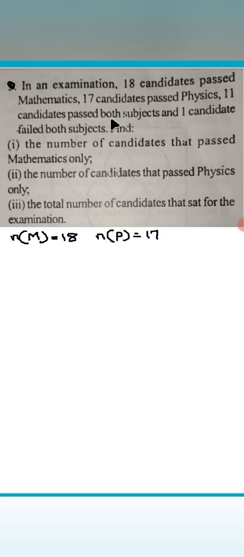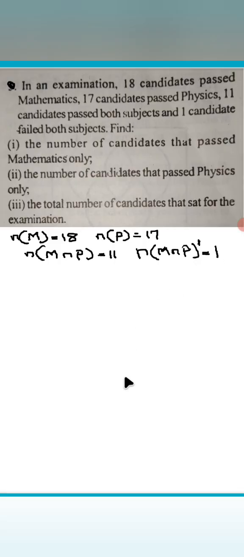Then 11 candidates passed both subjects, so I have n of mathematics intersection physics equal to 11. And one candidate failed both subjects, so I'll say n of mathematics intersection physics complement, that means failed, the opposite, is equal to 1.